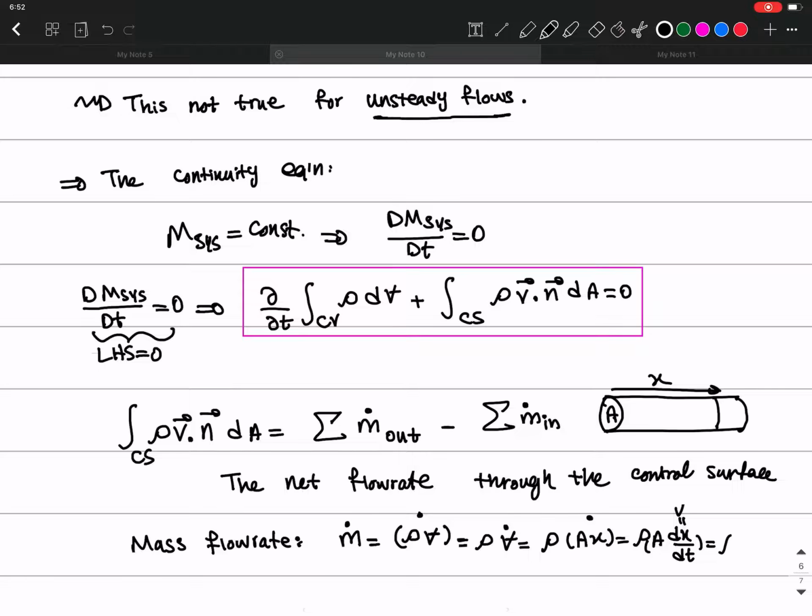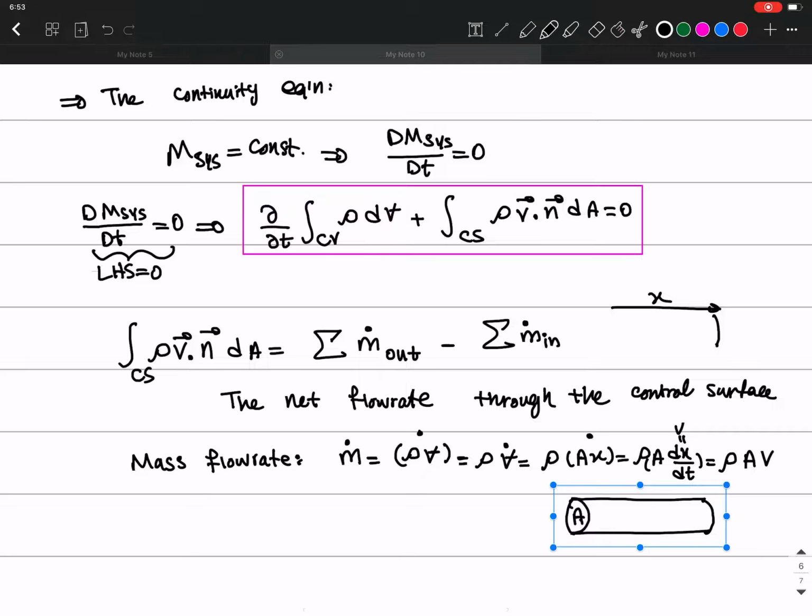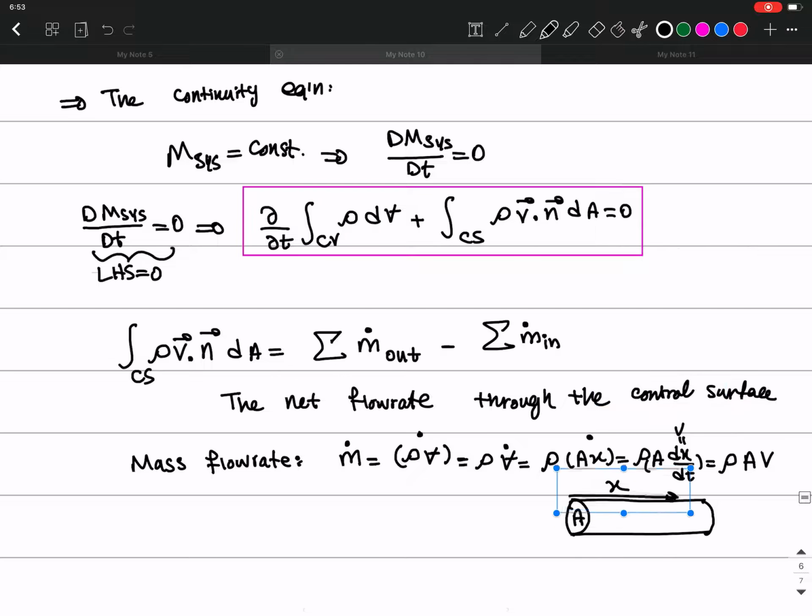So I can write this as rho A V. Okay, so I can write this as rho AV, and AV is what we call discharge, and we defined it before, if you remember.